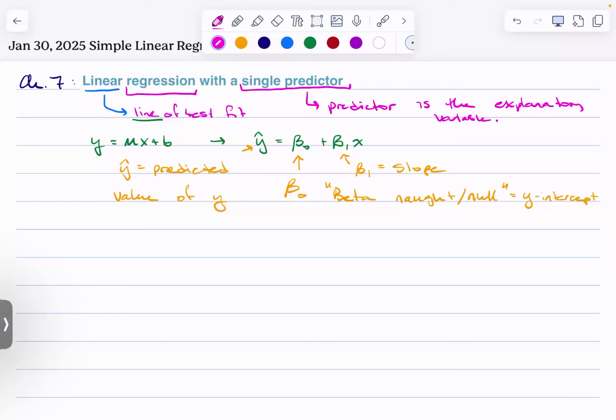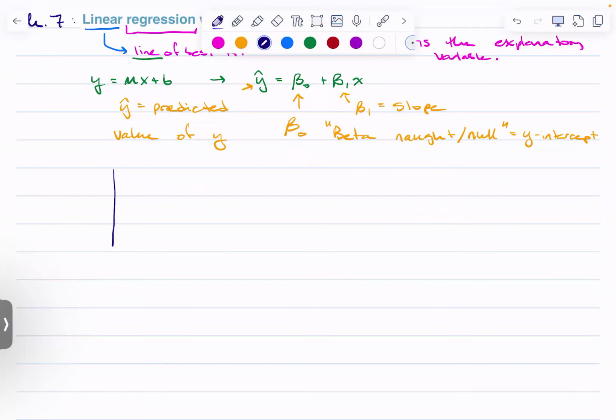We've seen the explanatory variable before. And so on our scatter plot, we're gonna have our y on our y-axis, and we can call this the response variable or the outcome.